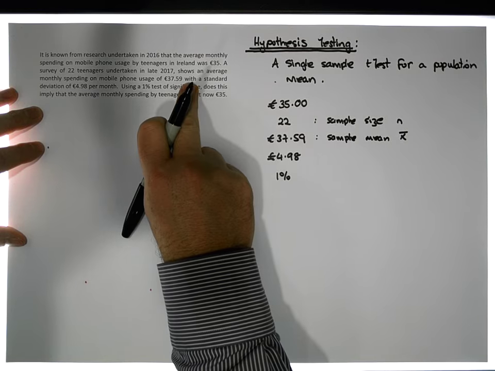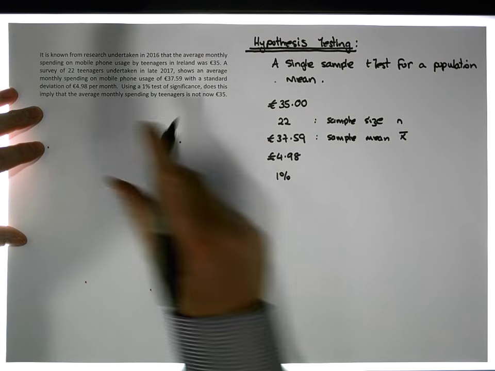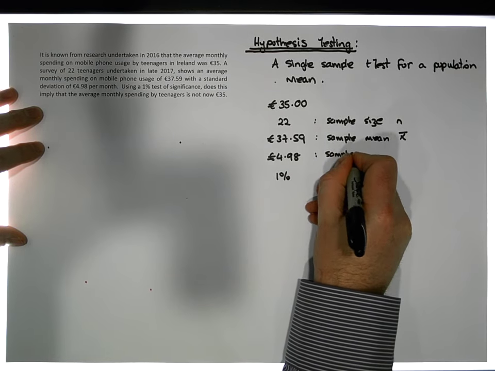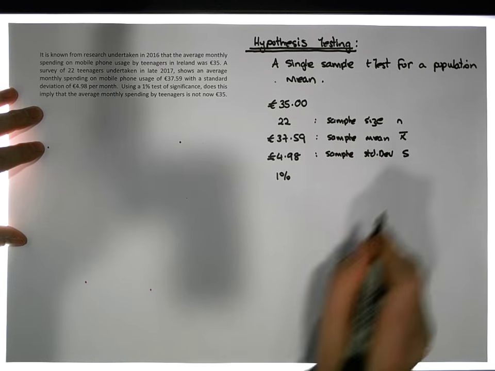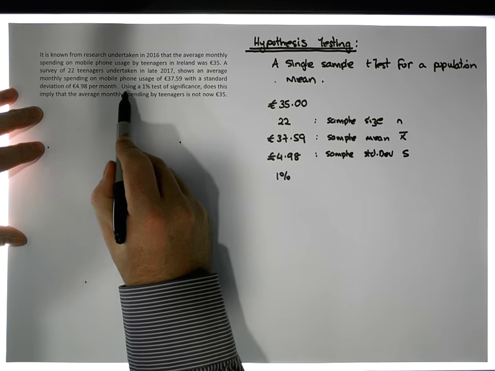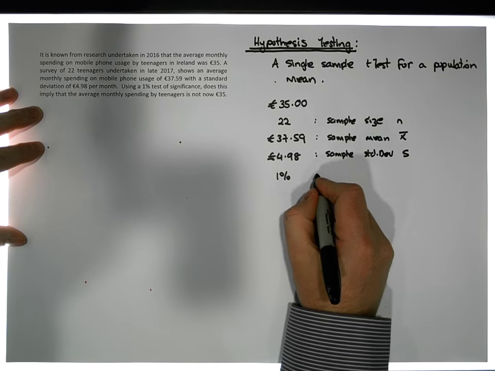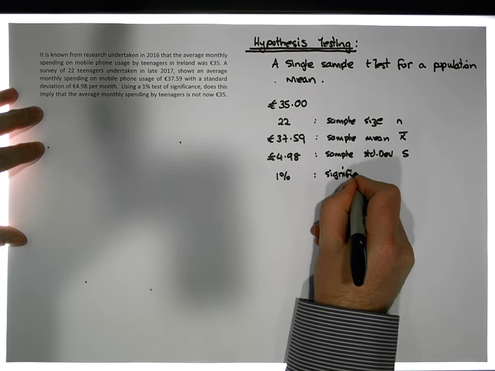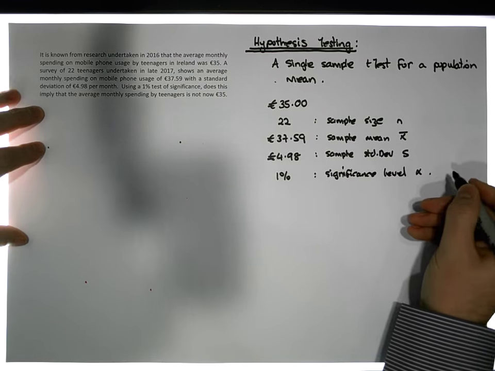With a standard deviation of €4.98 per month, this number must be our sample standard deviation, our s. And the last number, using a 1% test of significance, is our significance level, which must be our alpha.